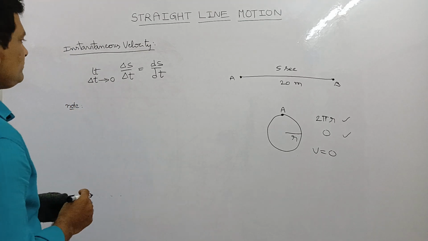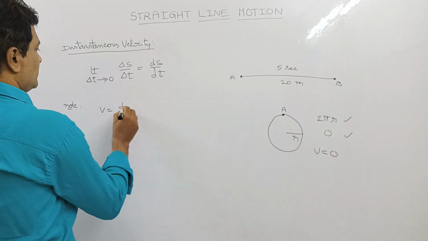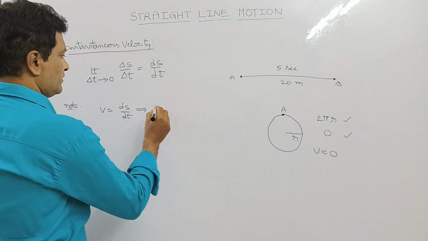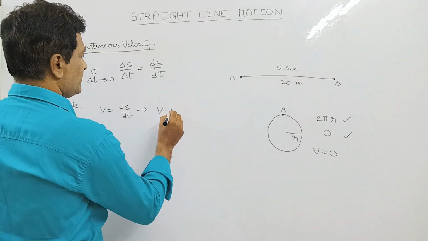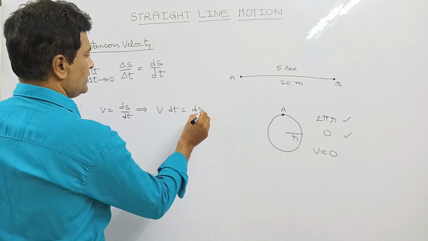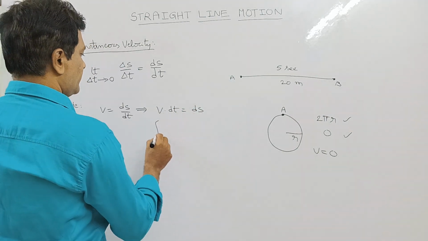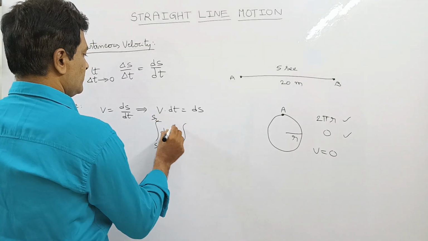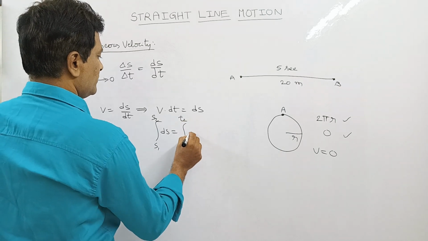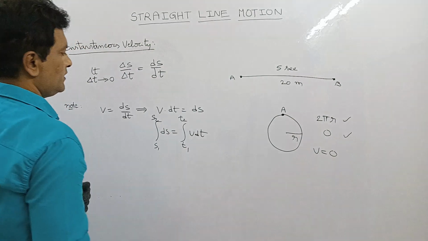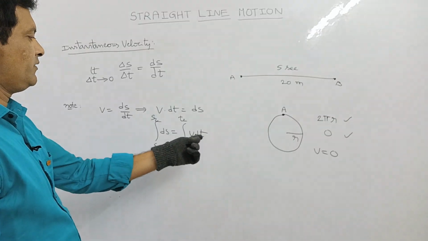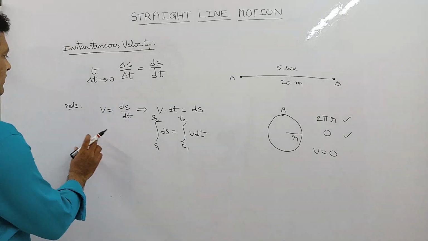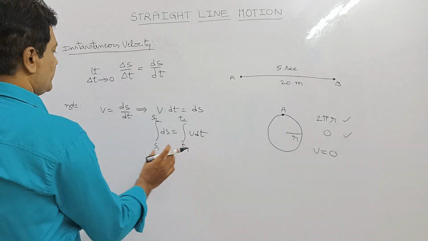Velocity is equal to ds by dt, so that implies v dt is equal to ds. If you take the integration, that is s1 to s2, t1 to t2, this is v dt. The variable here is displacement, here the variable is time. So we can represent this in an integral form in this way.